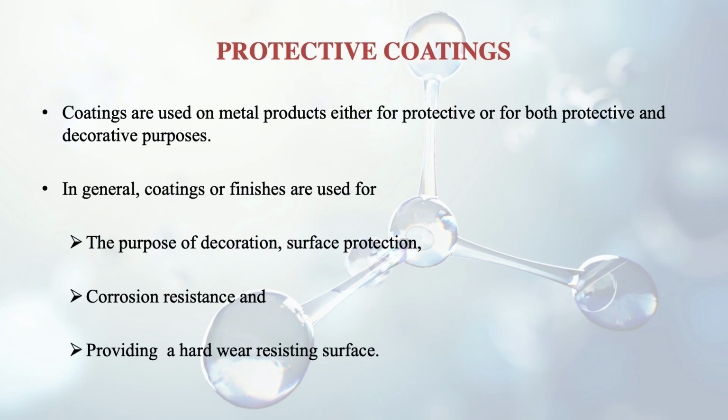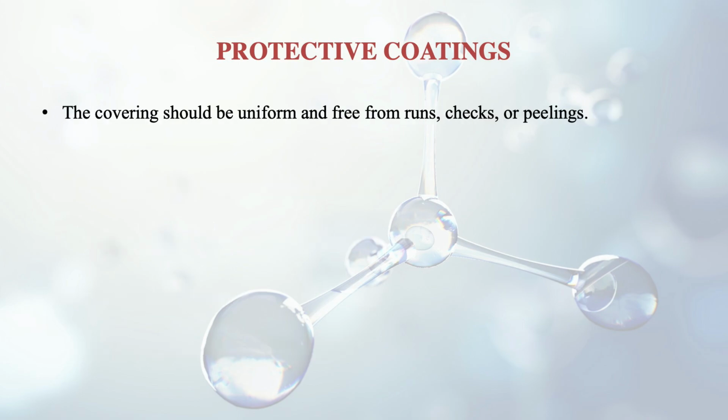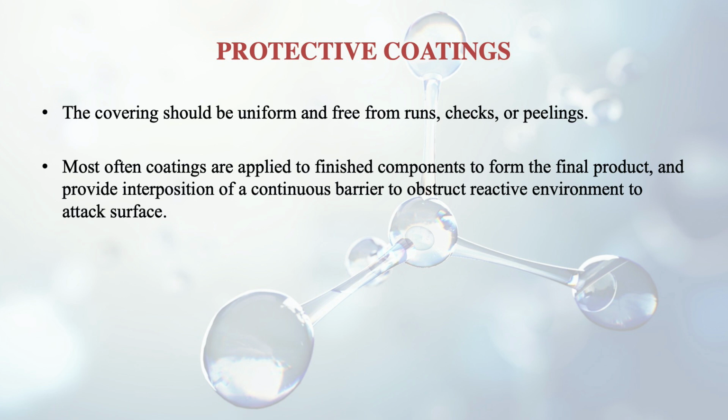These are the 3 important things for which coatings are done. The covering should be uniform and free from any kind of runs, checks or peelings. Most often coatings are applied to finished components to form the final product, but in certain cases they may be used before also.